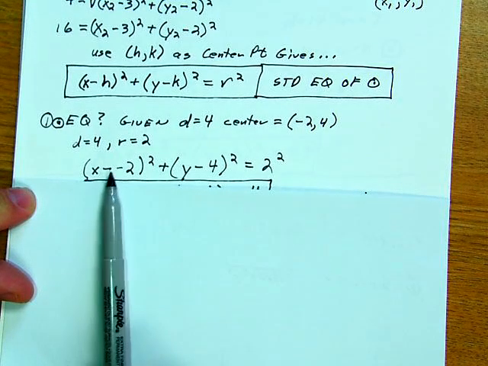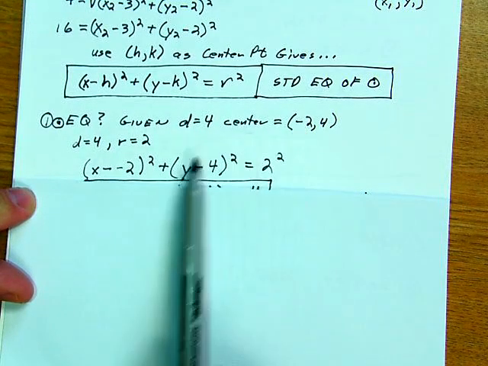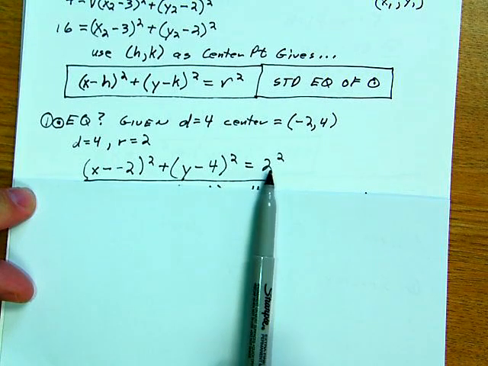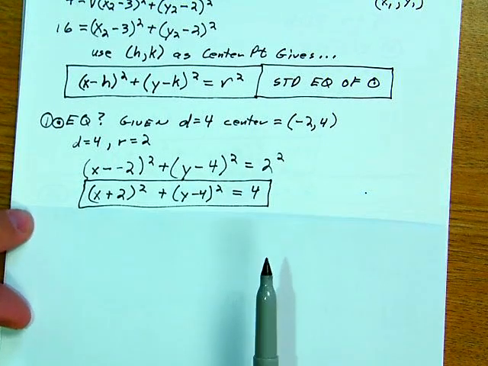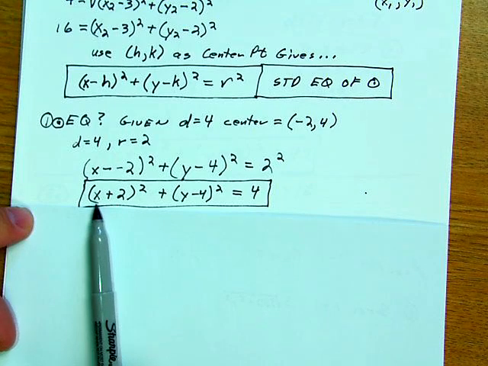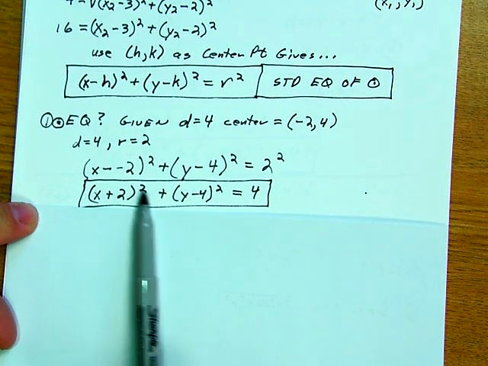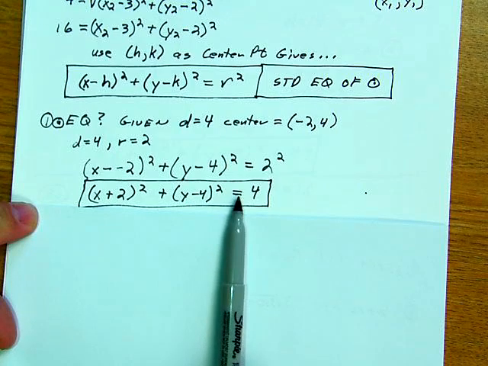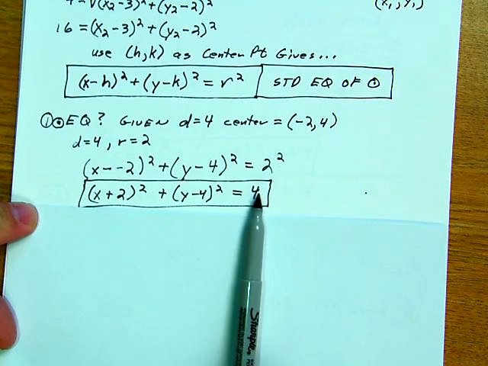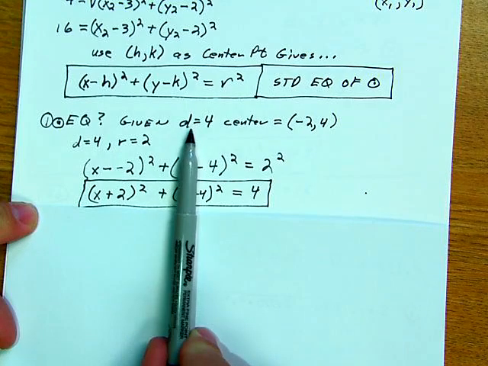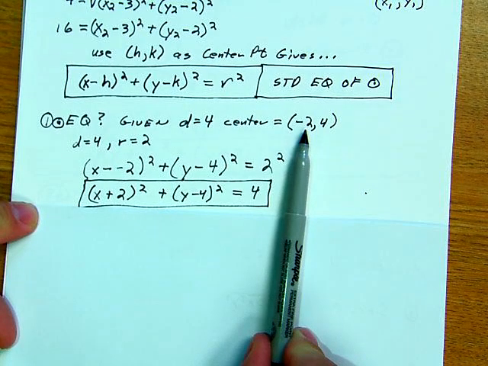So we get x minus a negative 2 squared plus y minus 4 squared equals 2 squared. And then you simplify that. A minus becomes a plus. So x plus 2 squared plus y minus 4 squared equals 4 at the end. And this is the standard equation for a circle of diameter 4 at center point negative 2, 4.